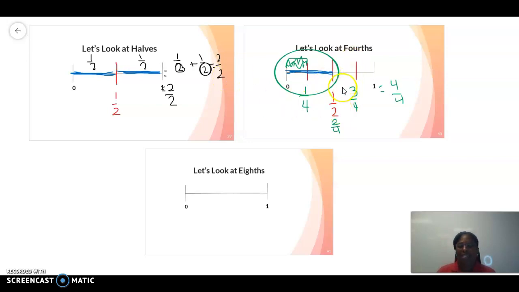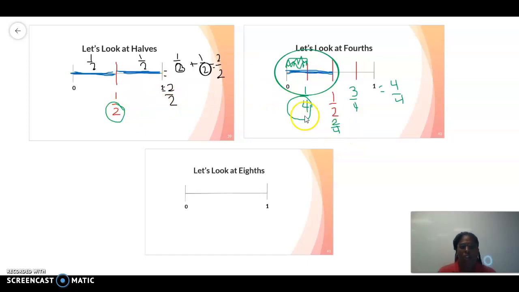We're going to use the same exact strategy to do what? If you guessed, divide it into eighths, you are correct. You should see a pattern as well, okay? We started with halves, and look at your denominator, 2. Now we're at fourths. Look at your denominator, 4. You should see now that half of 4 is 2, right?